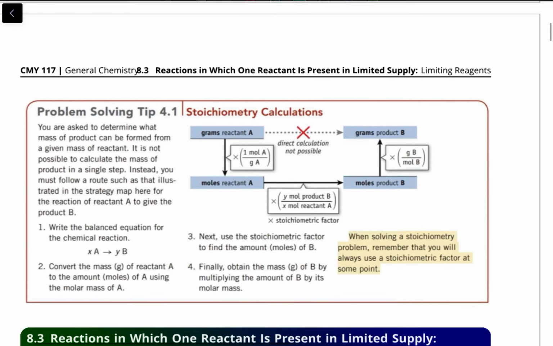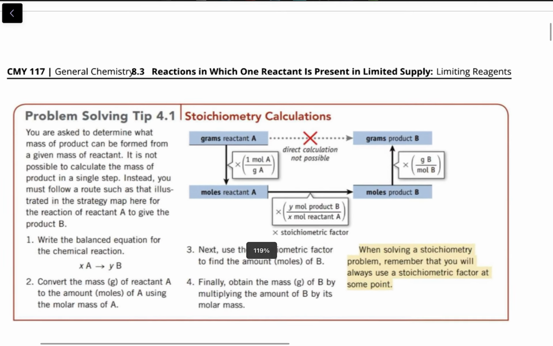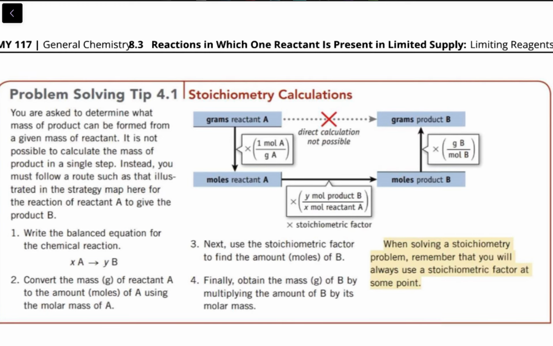Then just in general about stoichiometry calculations, always remember, you cannot directly go from gram to gram. It's always gram to mole, then mole to mole through the ratio. There's a ratio, and it will always be the ratio of the product or the thing that you want divided by the thing that you have.